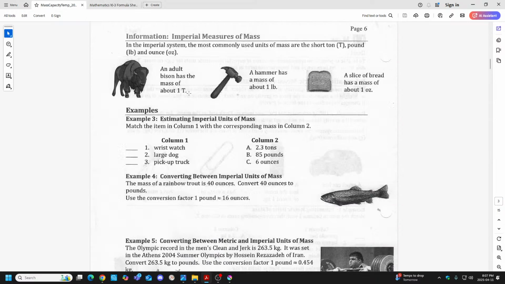So let's go back to here. We know a ton is 2,000 pounds. Just looking at a bison, we know that's a pretty heavy animal. If you're only, let's say, 100 pounds, or let's say you're a big dude, a football player or whatever, you're probably 200 pounds.